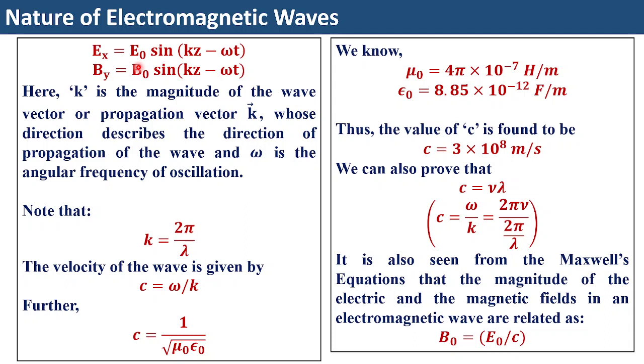But the amplitudes, which are only a function of the space coordinate, are related by this equation, B naught equal to E naught upon c. This is a very important relation, because you will have a lot of numerical problems based on it.